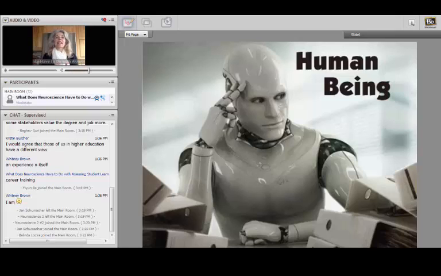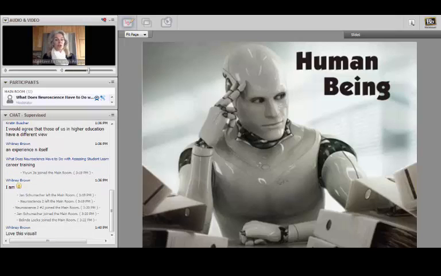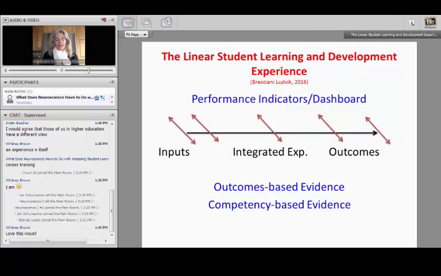Massification was great in that it provided opportunities to more students. Massification was not great because we began to systematize the learning and development opportunities, and in so doing we sort of lost the human being.